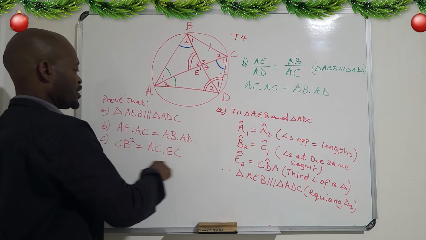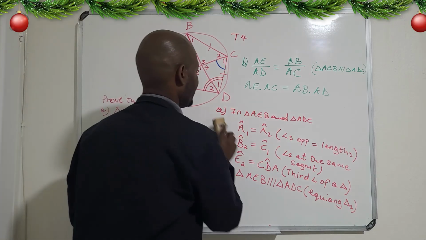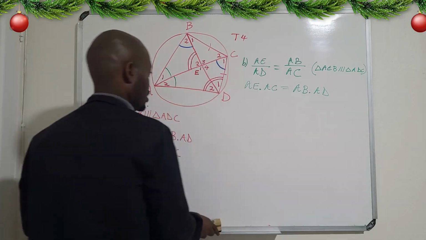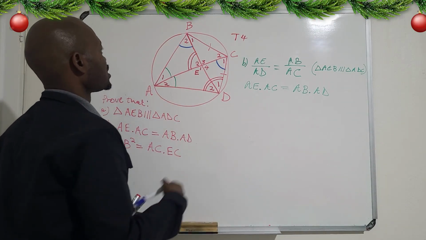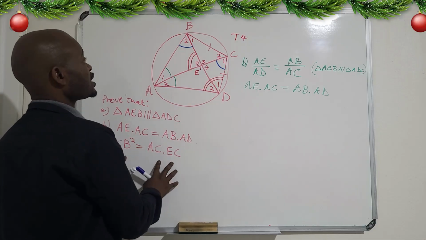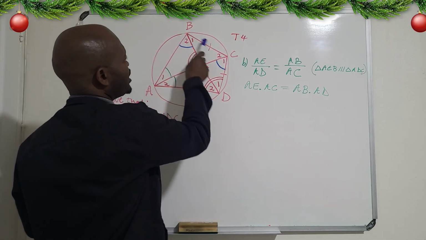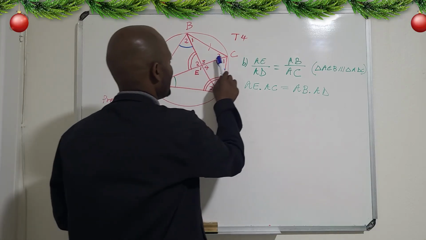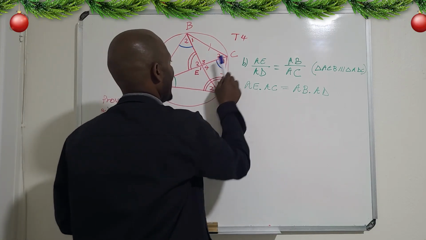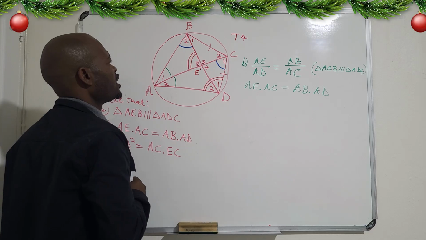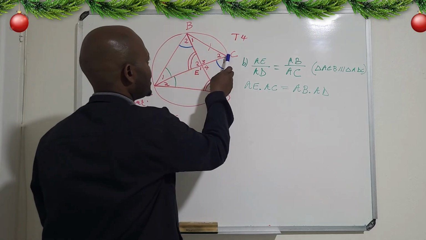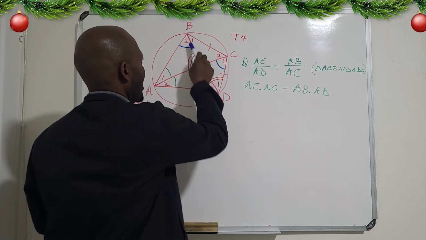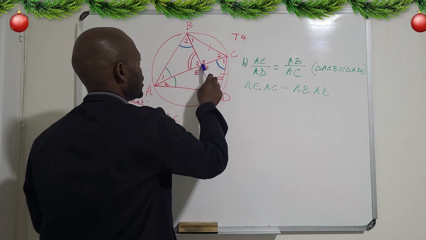Now we want to prove C. I would love to remove here. Now, for us to prove this, since we have this side and this side, we also have this side there.